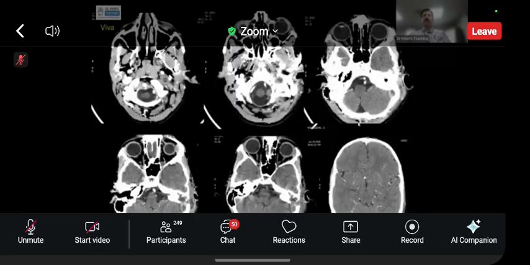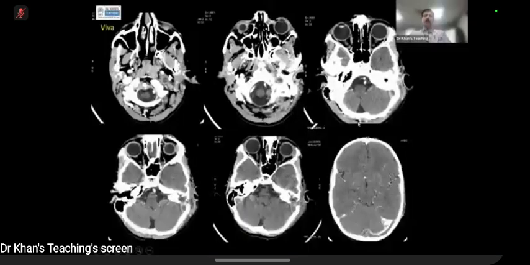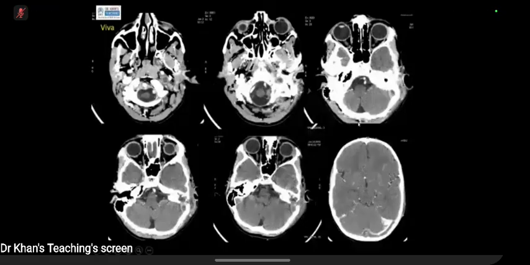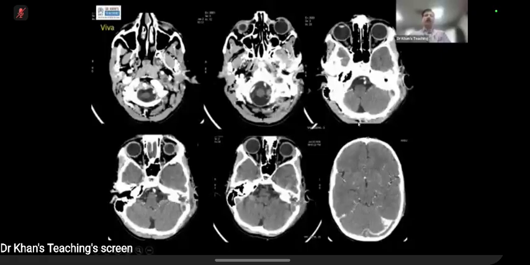Now, please remember that complications of various kinds of infection are the most important cases for your exam, whether it is paranasal sinuses, orbit or temporal bone, because as a general radiologist, you should know that. Now, in this example, what is happening? Of course, the windowing is poor, but having said that, you can see that there is a soft tissue abscess here.